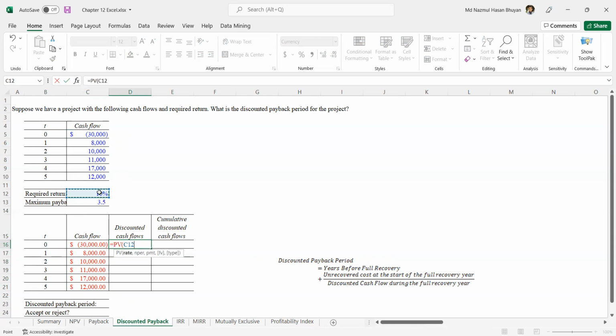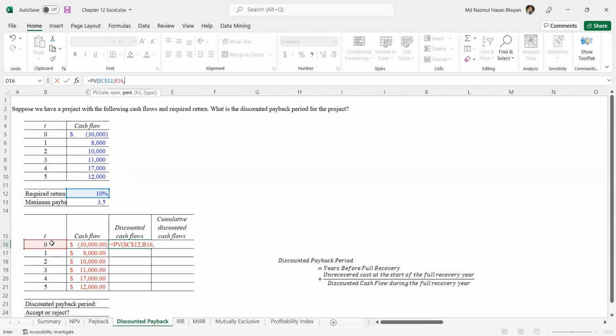Then your rate should remain the same in every single period. Then the number of periods. Here your number of periods is 0, so you get this particular cash flow in the current year. So that is your N power.